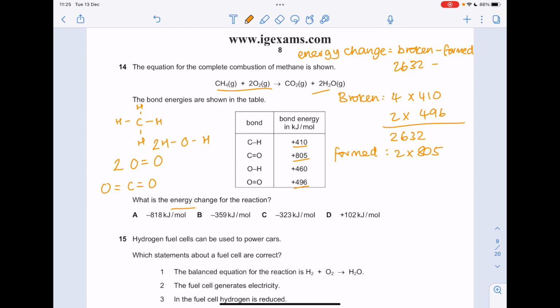Count the number of bonds, it's actually 4 O-H bonds. So do that calculation to get 3,450. So your final calculation is 2,632 minus 3,450 to get a final answer of minus 818 kJ per mole.